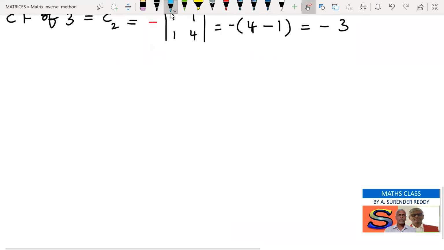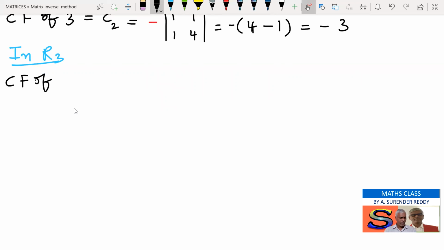Now let us calculate the cofactors of the third row, R3. The cofactor of the third row first element, that is 1. Let us name it as A3. For this, 1 lies in the third row and first column.